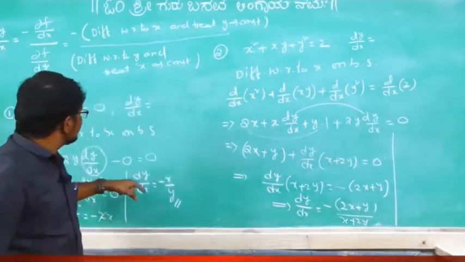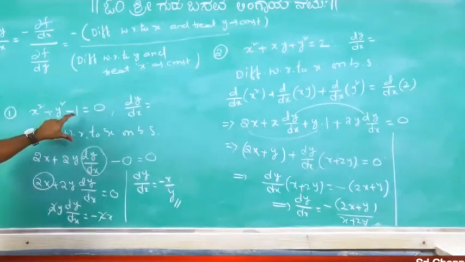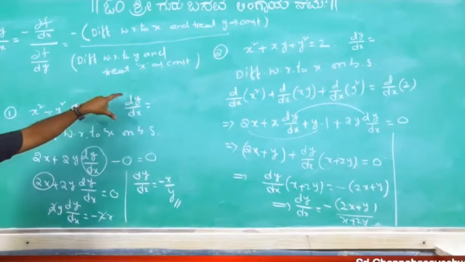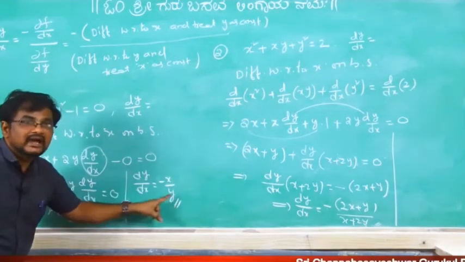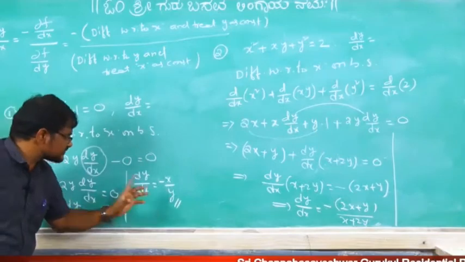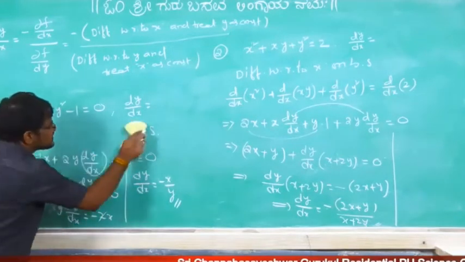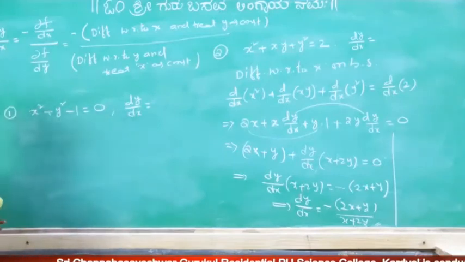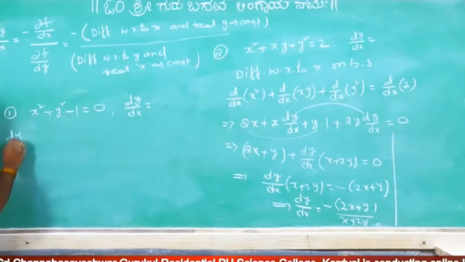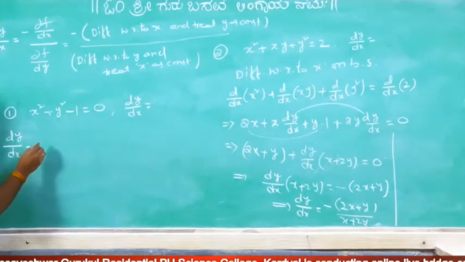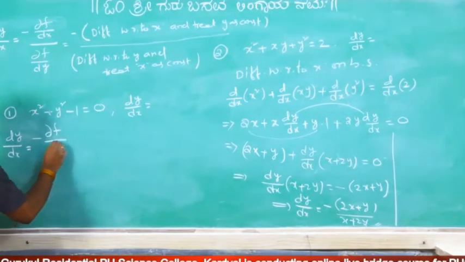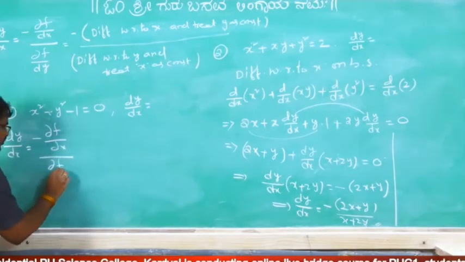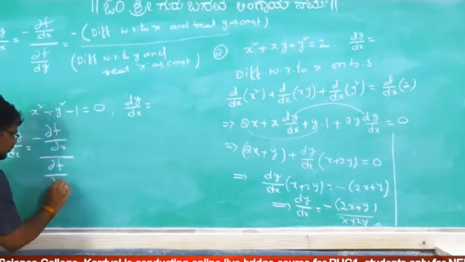Now here, x square plus y square minus 1 equal to 0. Differentiation, what did you get? Minus x by y, you got, no? So by using this one, dy by dx is equal to minus dou f by dou x whole divided by dou f by dou y.